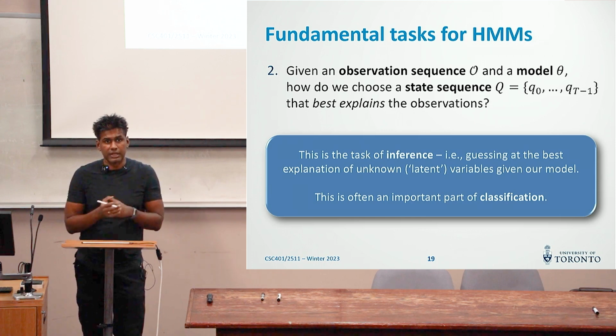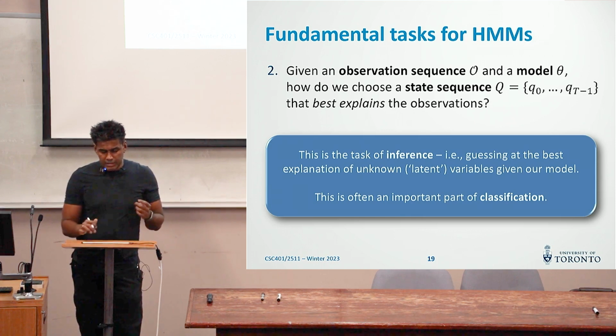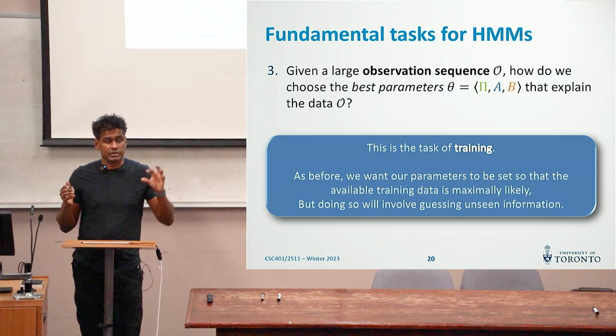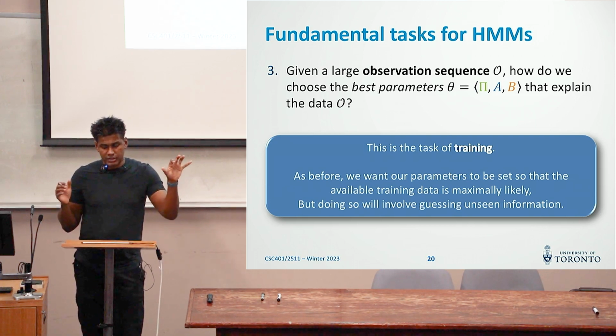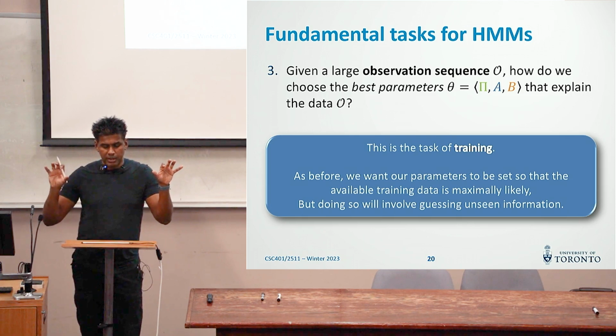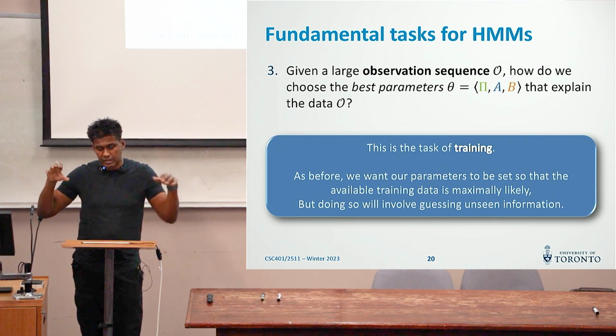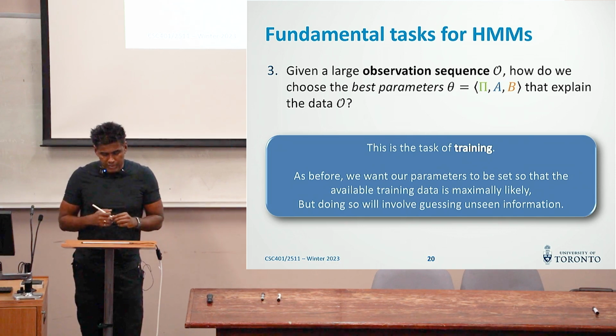So this is the task of inference. And lastly, we have the task of training, which is essentially you have a bunch of observations and you're trying to fit your model, find the best parameters theta based on the observations. So that's basically the task of training.